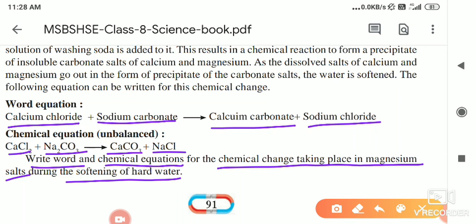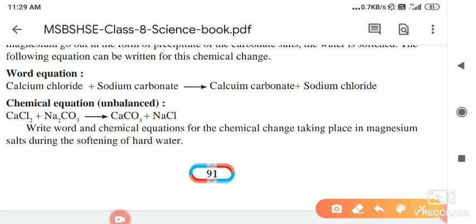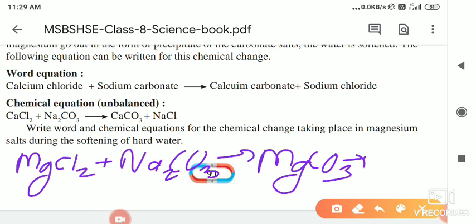So instead of calcium chloride, if magnesium chloride, MgCl2, is mixed into it, when it reacts with sodium carbonate, that is the washing soda, Na2CO3, magnesium carbonate, that is MgCO3, is formed, and a water soluble salt is formed inside it, that is sodium chloride. And the water becomes soft in this process.